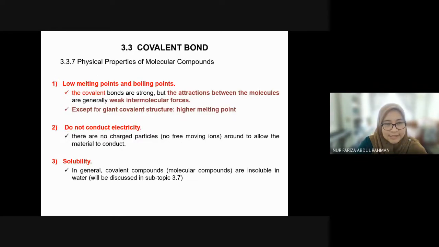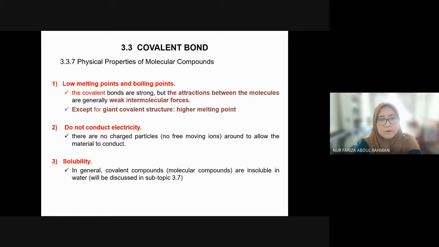Alright. Okay, last but not least is the physical properties of molecular compounds. Okay, remember last time for ionic compound, when we have learned how to draw the ionic bond, lastly we would conclude with the physical properties of the ionic compound. So same goes to a molecular compound.